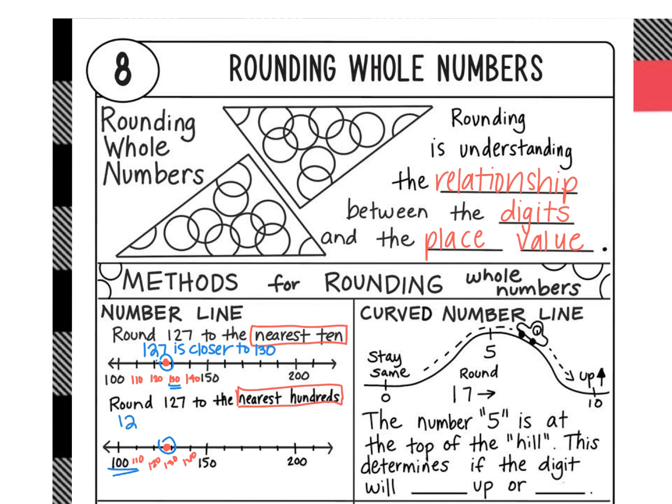So 127 is closer to 100. So I would round down to 100. 127 rounds, I'm running out of room, to 100.